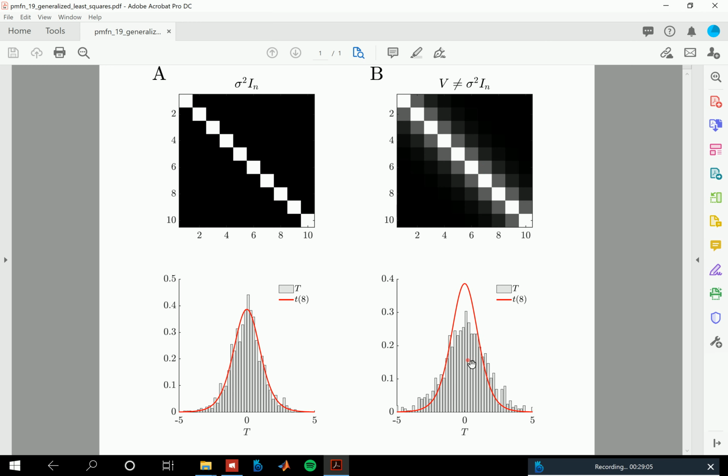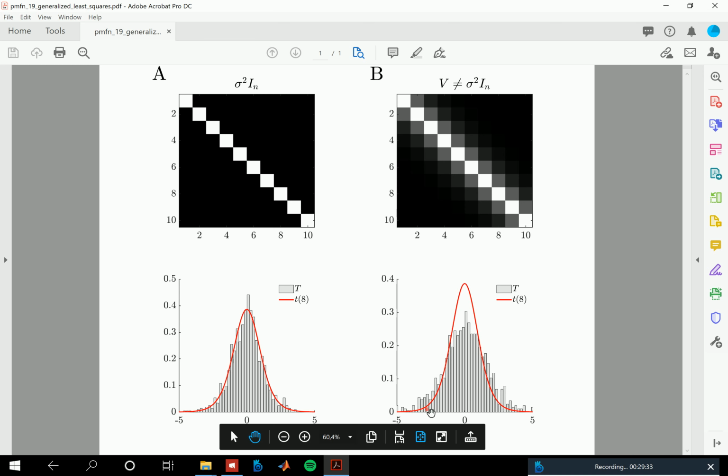Now, if we look at the t-values that result from sampling this and compare it to the t-distribution that is supposed to hold, we see that we definitely have more high and very low t-values than predicted by the density of the t-distribution.